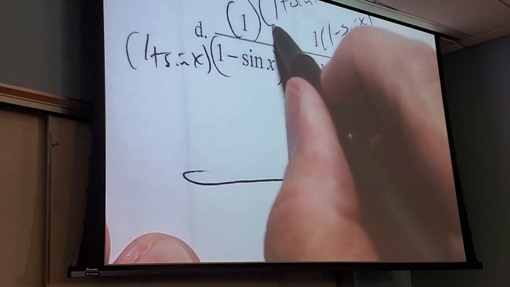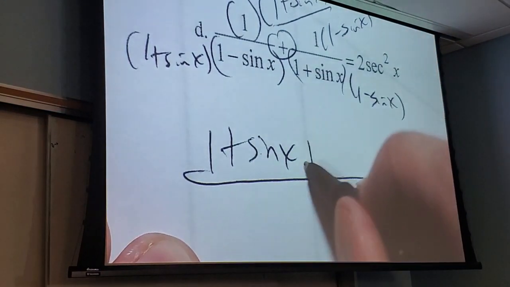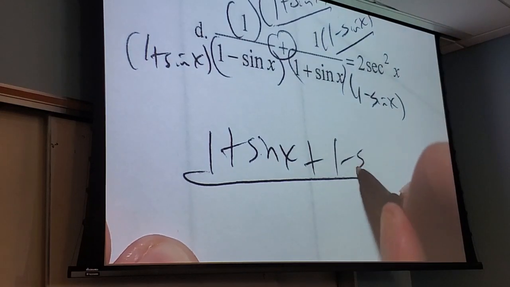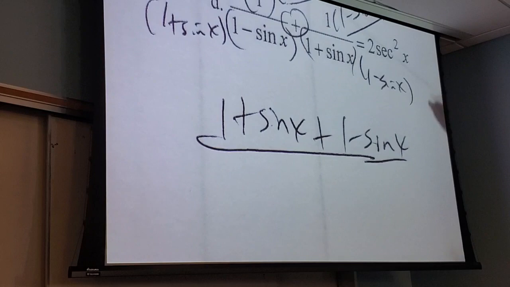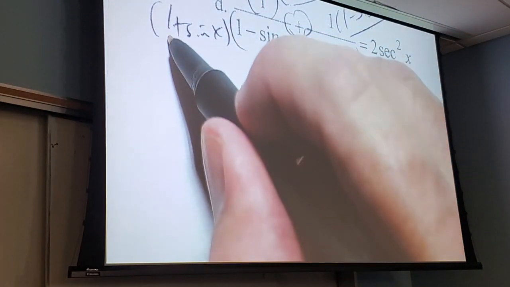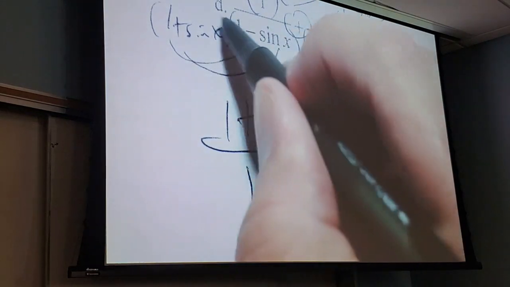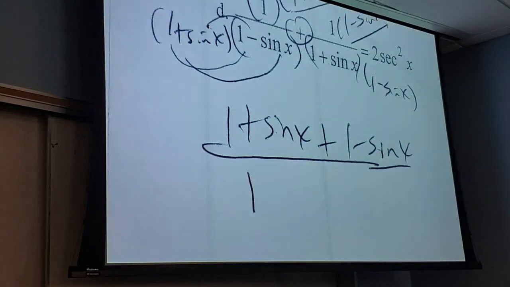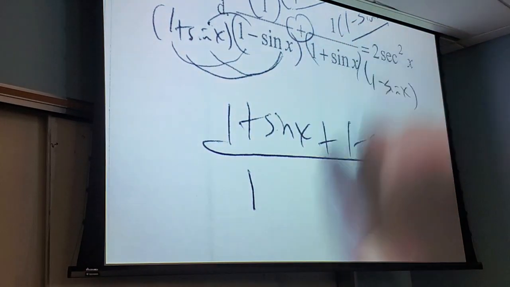So on the top I get 1 plus sine x plus 1 minus sine x. What do I get on the bottom? When you multiply this out, what do you get? 1 minus sine x plus sine x. So the middle terms cancel. Minus sine times sine.